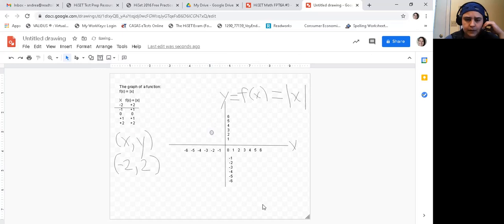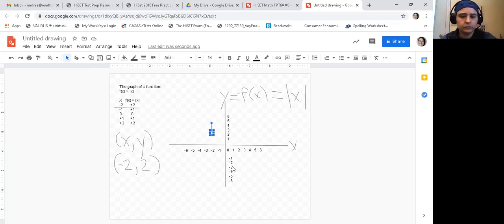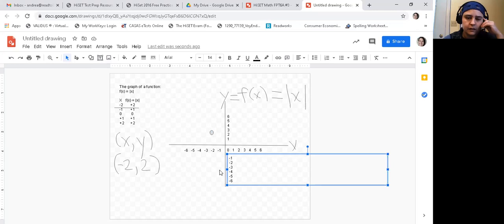There we go. So there is my point at -2, +2. It corresponds to -2 right down here on the x-axis and +2 over here on the y-axis. Okay, so I have plotted this first point, -2, +2.